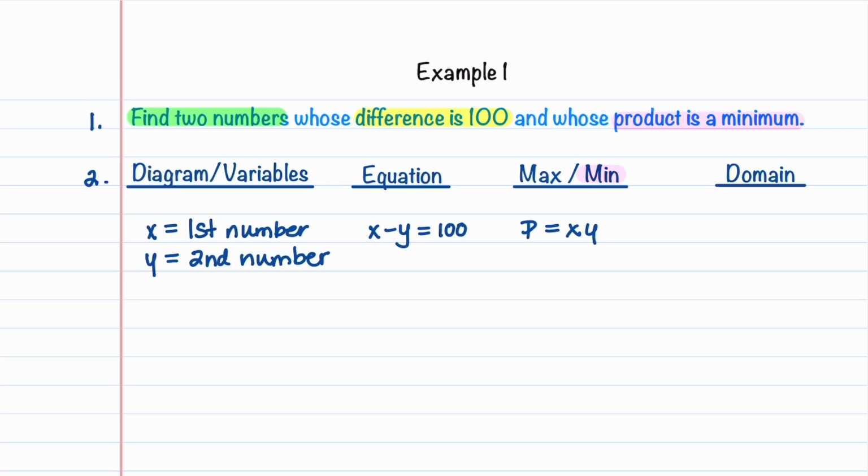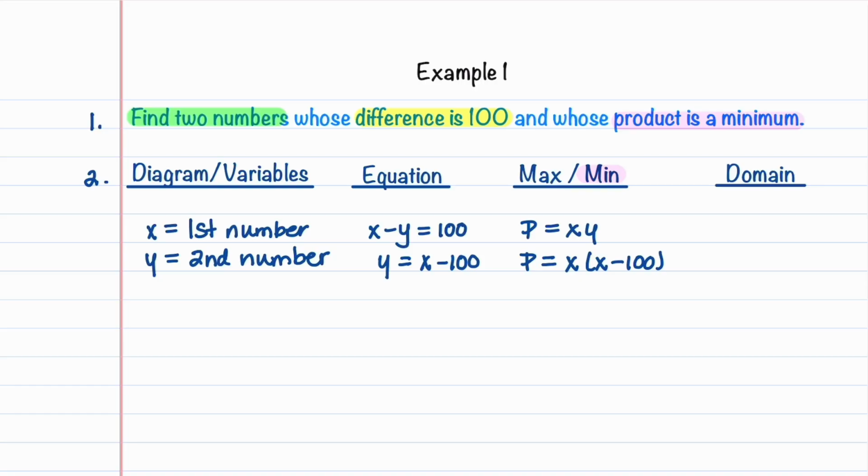So that means we need to go back to our equation and solve for y. From this equation, we see that y is equal to x minus 100. Now we can plug that in for our product p. So p is equal to x times x minus 100.